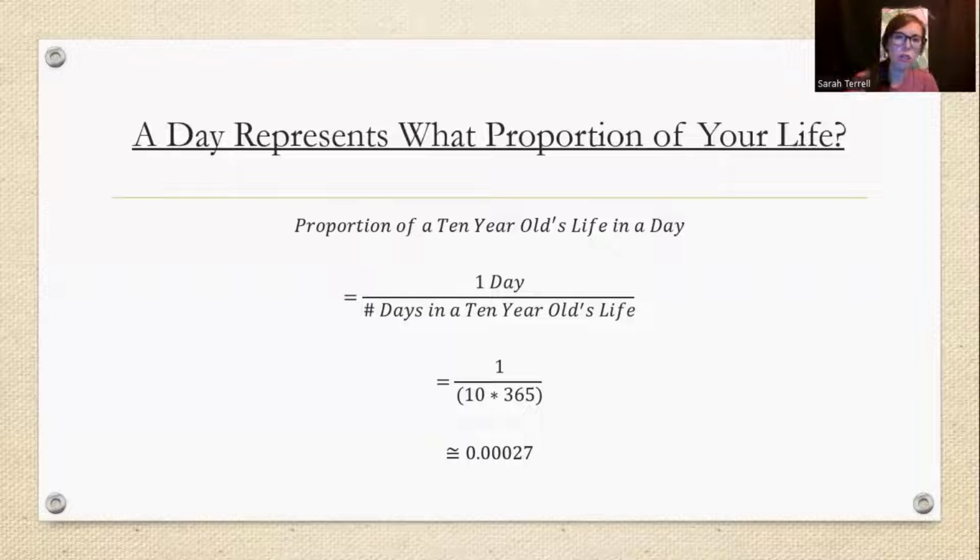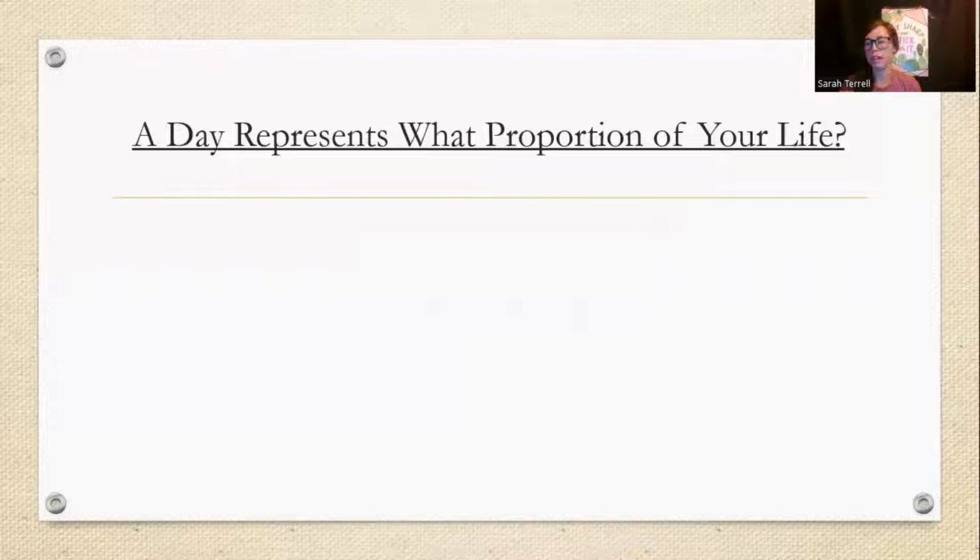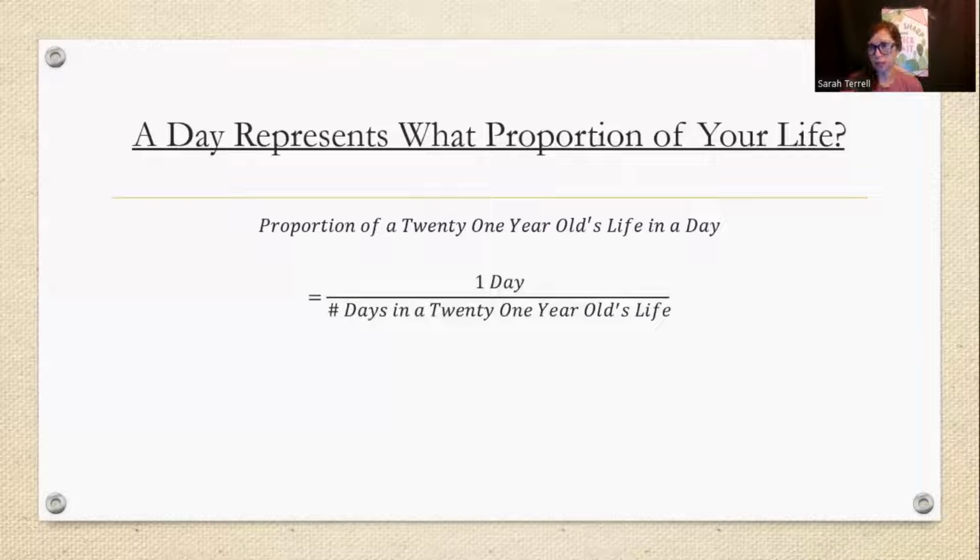Now let's go to another big portion of somebody's life, such as hitting the age of 21. At the age of 21, what proportion of your life is represented by a single day? Here, we have 1 day divided by the number of days in a 21-year-old's life, which is 1 divided by 21 times 365, giving us a proportion of about 0.00013.